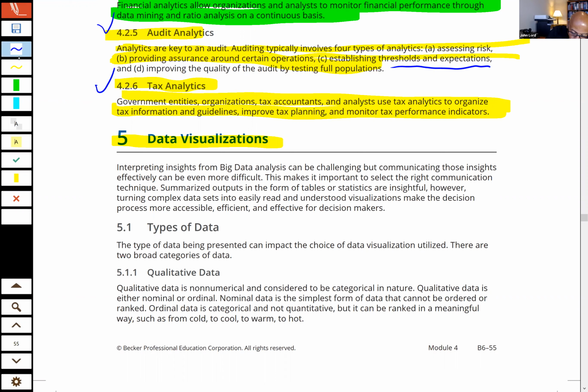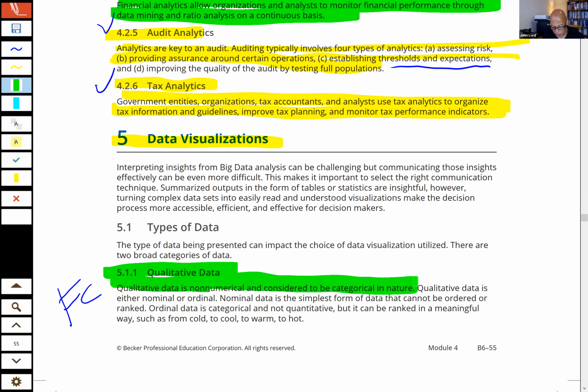Okay, so you come over and you take a look at qualitative data, and qualitative data is non-numerical, obviously, and it can be categorical in nature, and so they say that qualitative data is either nominal or ordinal, and I have to be honest with you, I started looking at this and I'm like, what are they saying here?